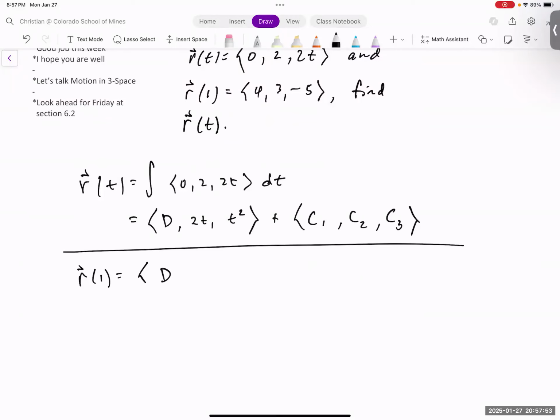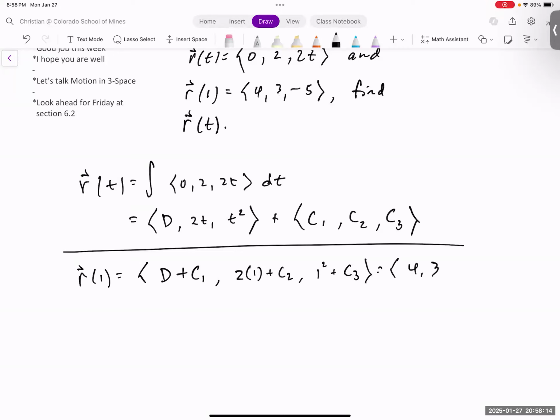which is, let's add these two vectors together: d plus c1, 2 times t, but t is 1, so 2 times 1 plus c2, and then 1 squared plus c3. This is equal to what we were given in the beginning, 4, 3, negative 5.